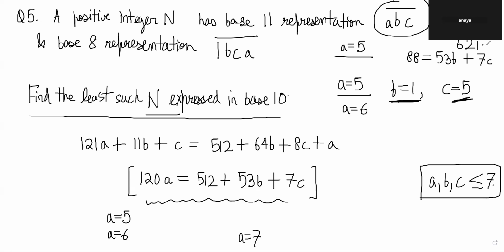Wait, I thought we're finding the base 10 representation. In any base representation, can 621 be smaller than 515? No. What are you talking about? The least such number will be 515 or 621 in whatever base you want.